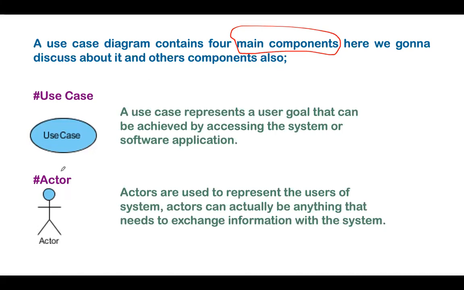This can be a website, a software component, a business process, an application, and anything that you're developing is a system. One of the components of the use case diagram is a system, normally represented in a rectangle layout.